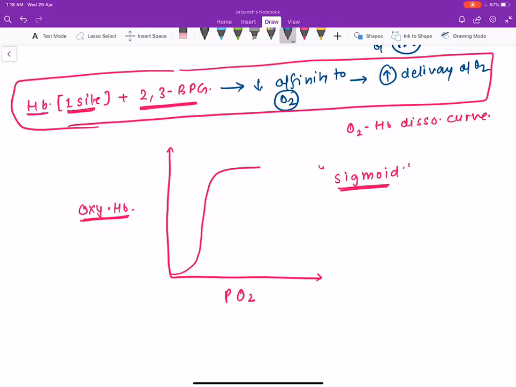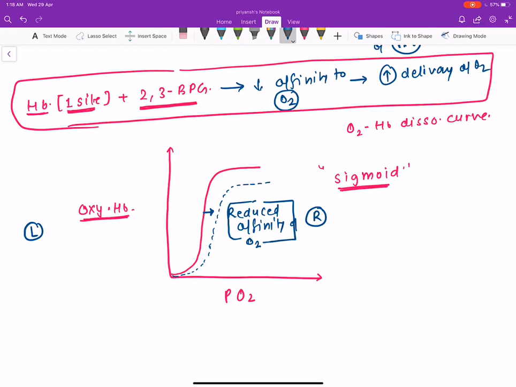Now, this graph can shift towards the right side or towards the left side. The molecule which leads to shifting of the curve towards the right side means there is reduced affinity of oxygen, and reduced affinity means the unloading will occur.